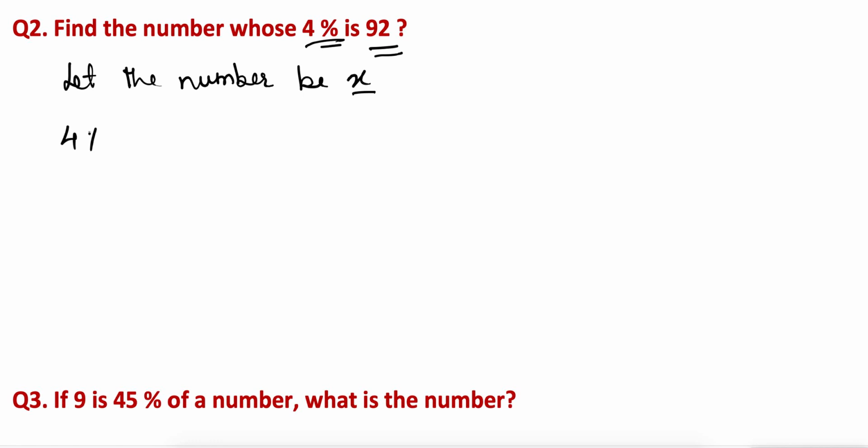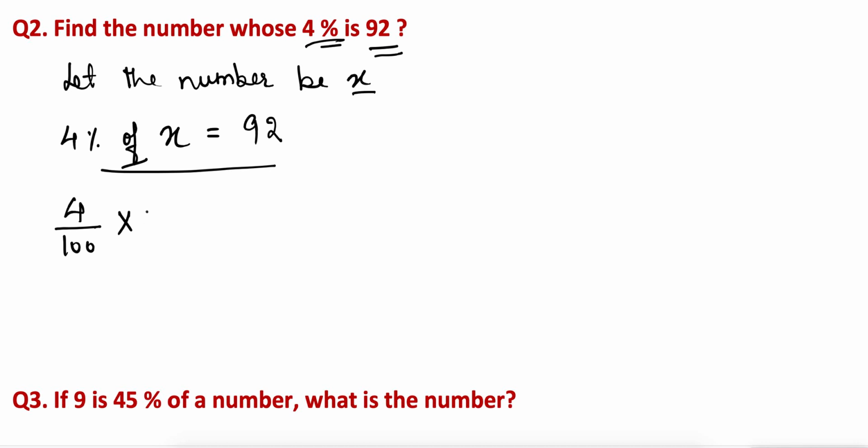So 4% of x is 92. This is the expression and now we'll simplify it. First we'll remove the percentage sign, so it will be divided by 100, and to remove "of" we'll put the multiplication. 4 by 100 multiplied by x is equal to 92.